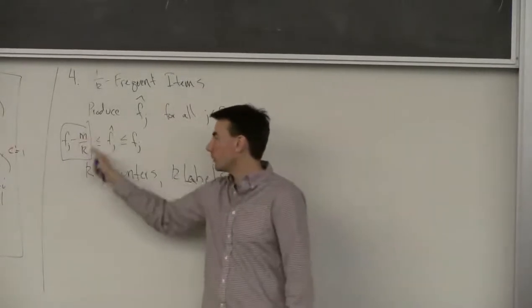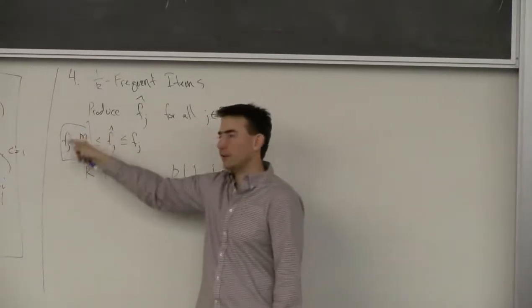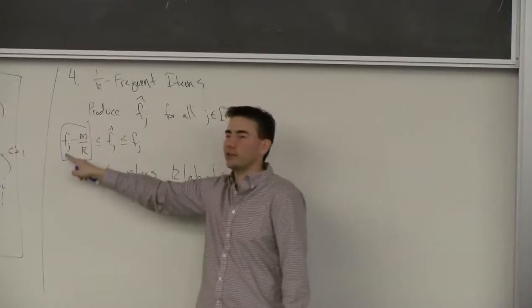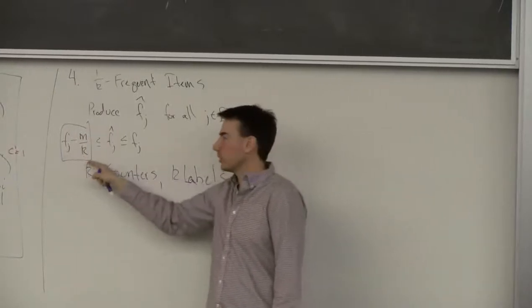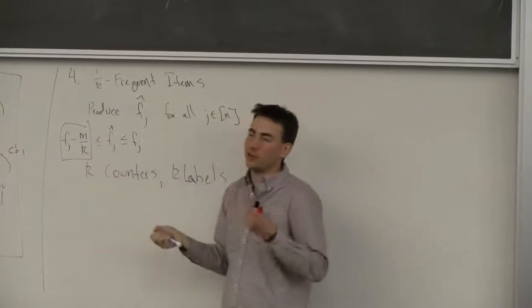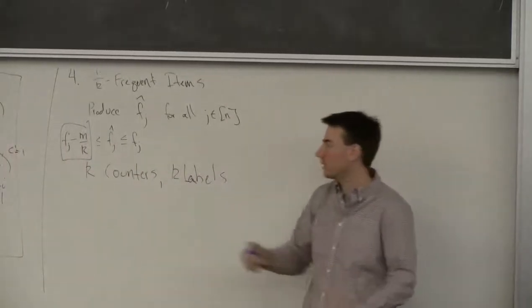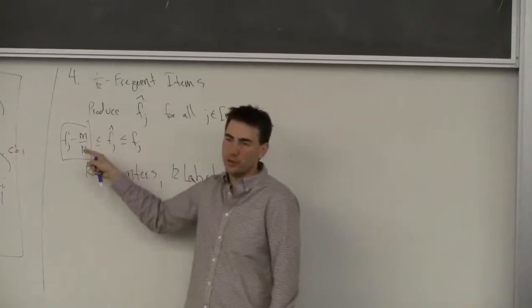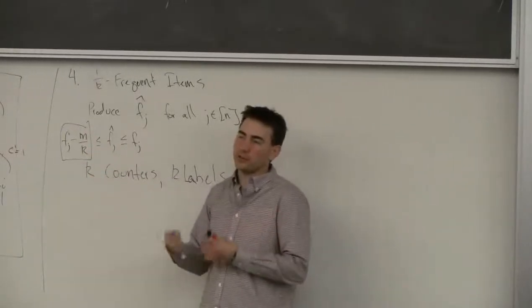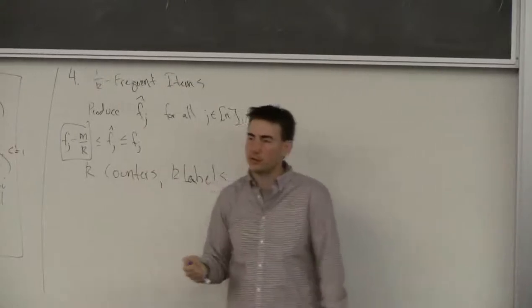And this quantity will be less than 0, because the true count will be less than 10%. And so the larger I set k, the more accuracy I get. If I set it to 100, then basically this is within 1%. If it's 1,000, it's within 1/10 of 1%. Okay?